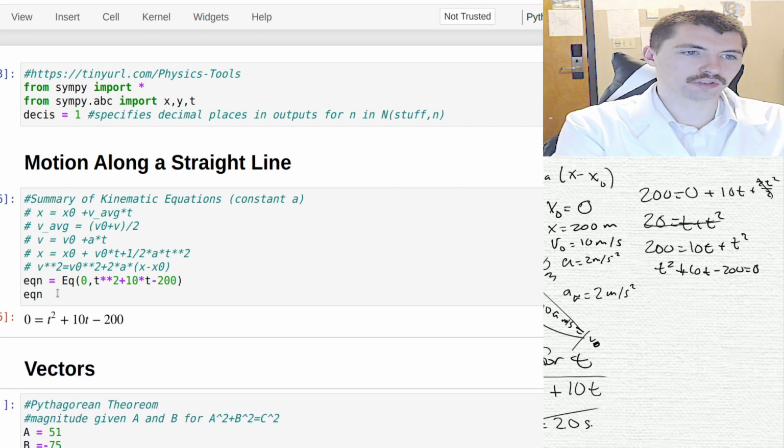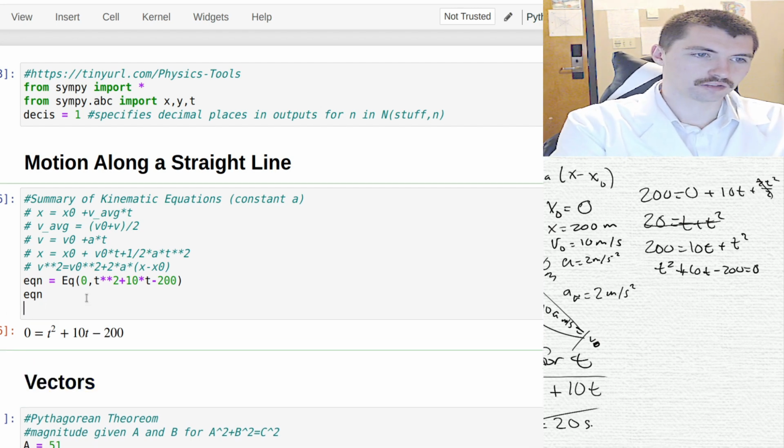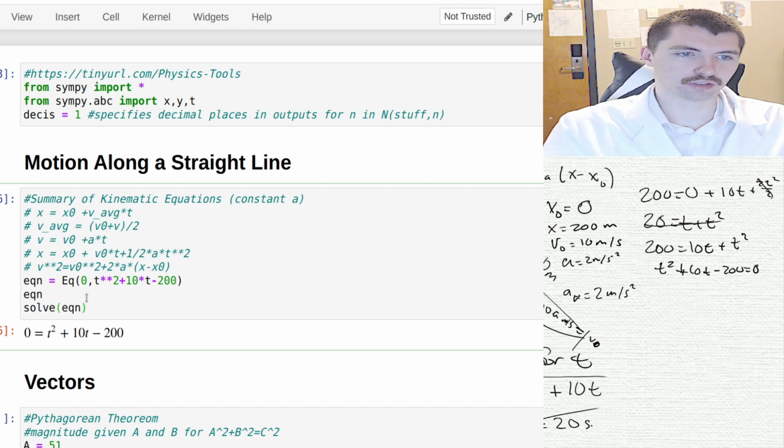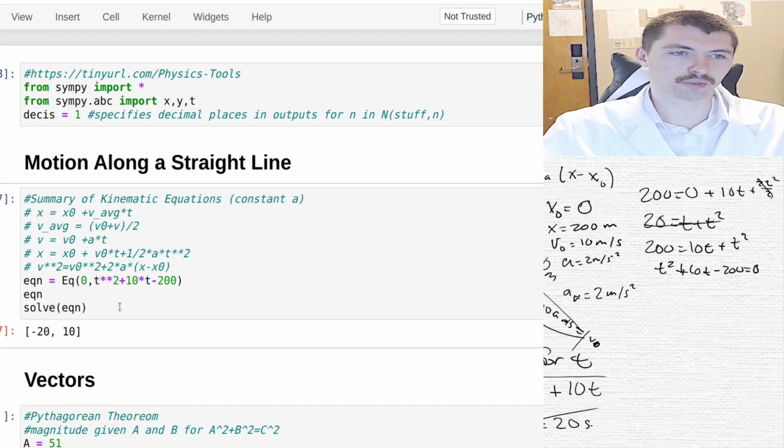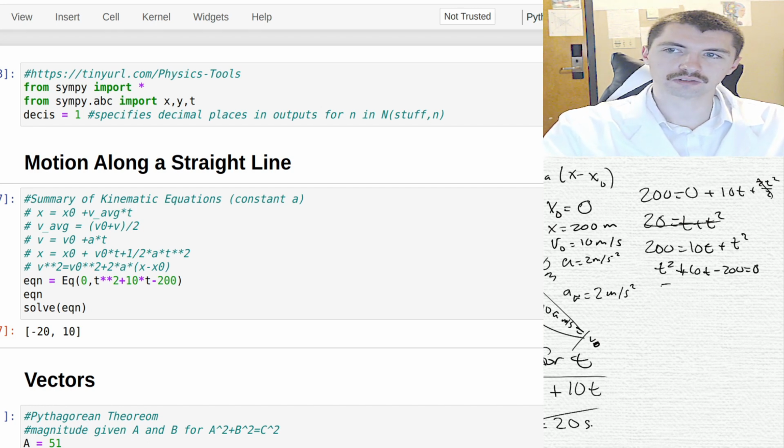And now we do a very special thing here. We're going to do solve equation. And we get 10, negative 20. Possible values 20, 10.